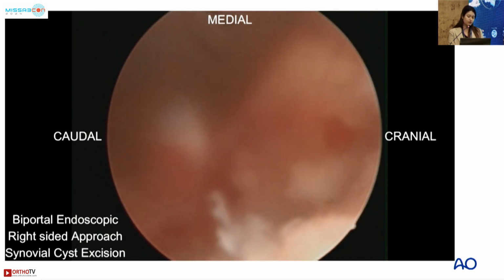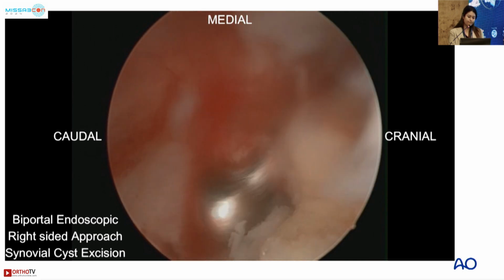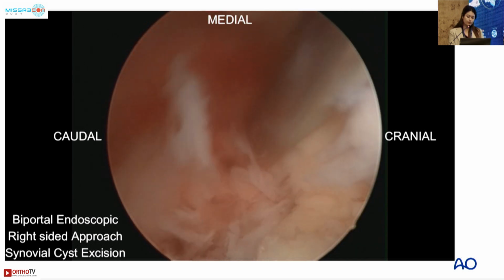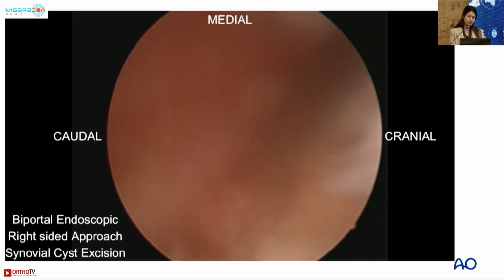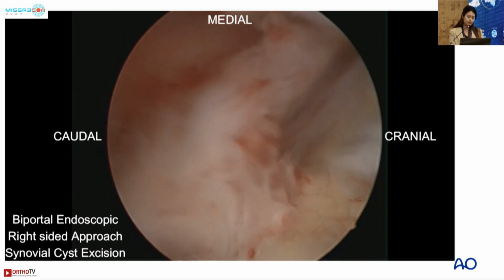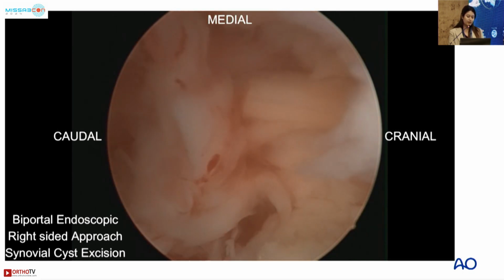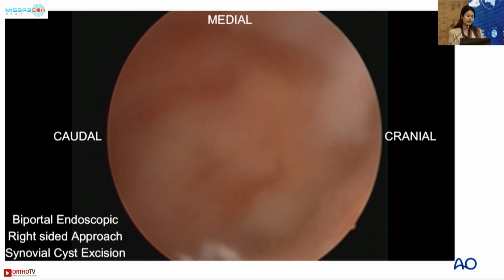Pituitary forceps are used to remove the synovial cyst. Only swiping movements are done, not cutting movements, because sometimes the synovial cyst might be adhered to the cauda.